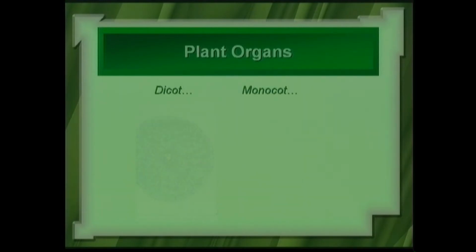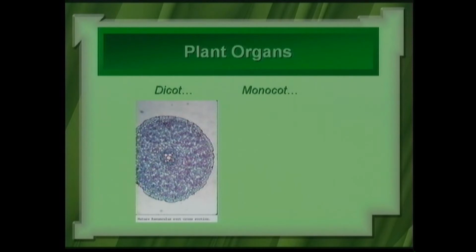Dicot, monocot. So generally, a dicot cross-section will have this kind of look to it. This is a dicot root cross-section. So of course you'll have the epidermal cells and so on. This area here, surrounded by these cells here, this is the stele, the vascular cylinder. Now inside here, these large cells that tend to have kind of reddish cell walls, these would be the xylem cells inside of this dicot root.